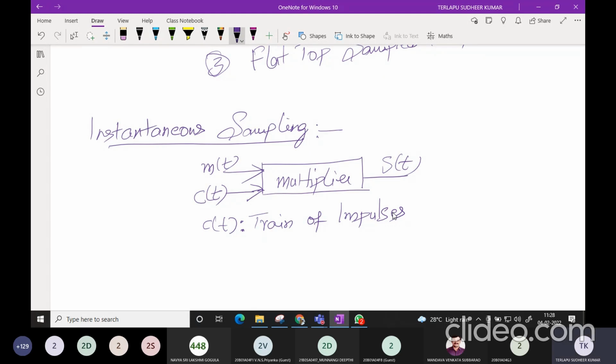Whereas in natural sampling and flat top sampling, we take a train of pulses. So here we take the train of impulses. And M of t is as usual our band limited baseband signal.